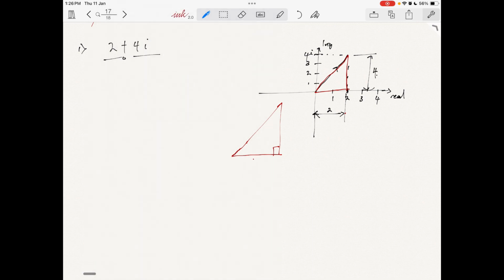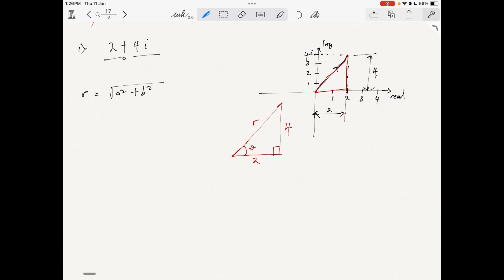So we have this to be 2, we have this to be 4, and obviously our angle is theta. The first thing easy to calculate is our modulus r, which is equal to the square root of a squared plus b squared, right?